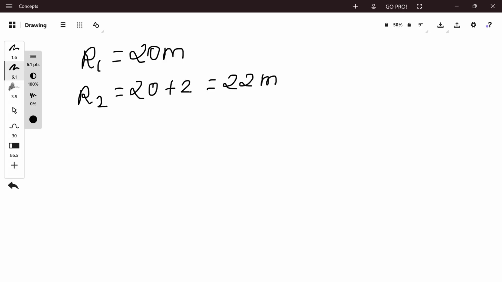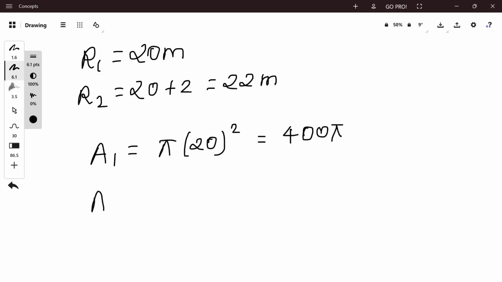Area of the circle is given by A is equal to pi r square. So A1, area of inner circle, is equal to pi r1 square, that is pi 20 square, which is equal to 400 pi. And A2, area of outer circle, is pi r2 square, that is pi 22 square, which is equal to 484 pi.